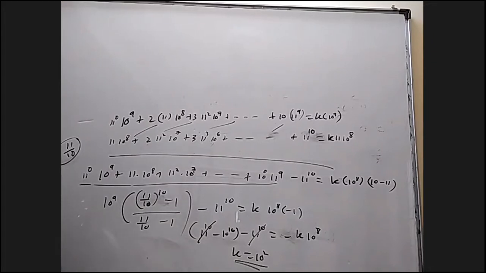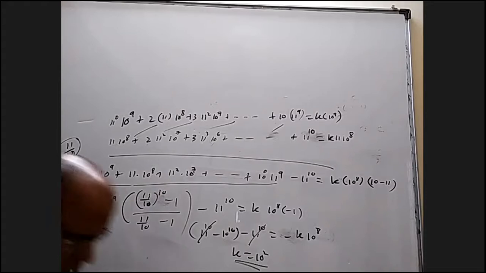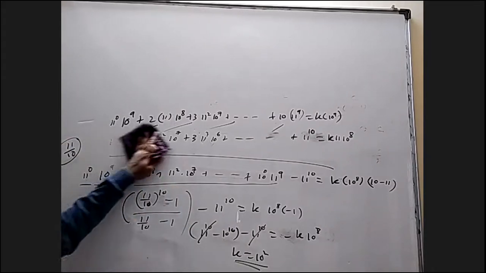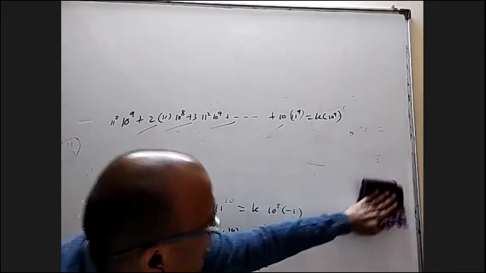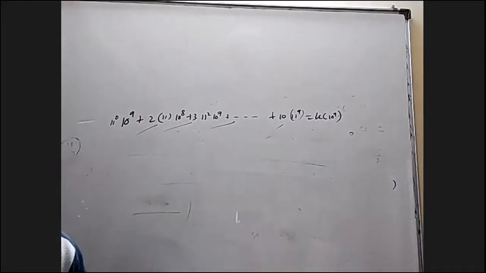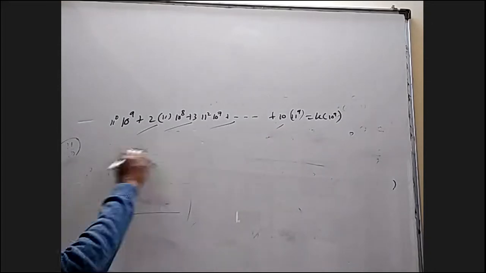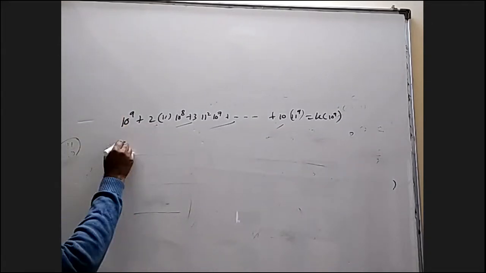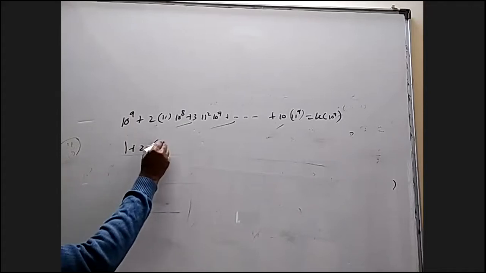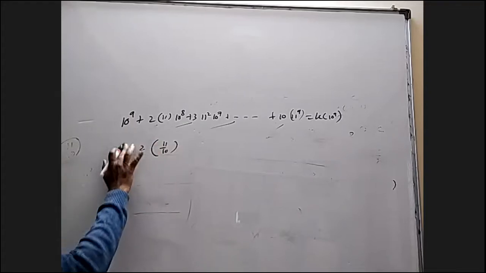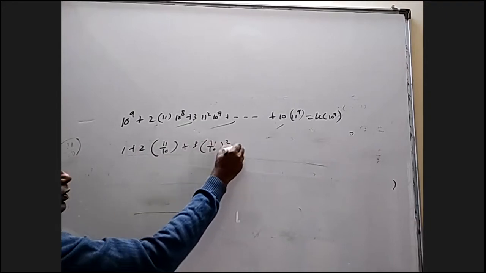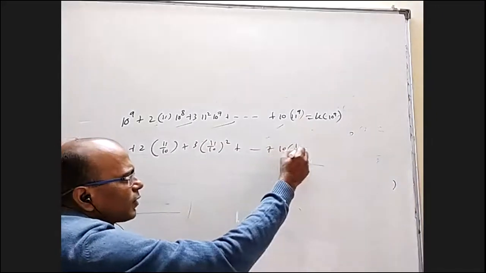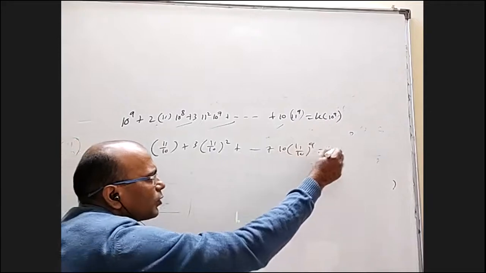Almost the same. There is one thing you can do. Everything looks very easy. Divide by 10 power 9. When you divide by 10 power 9, you will see nicely 1 plus 2 times 11 by 10 plus 3 times 11 by 10 whole square, up to 10 times 11 by 10 whole power 9, equal to k.